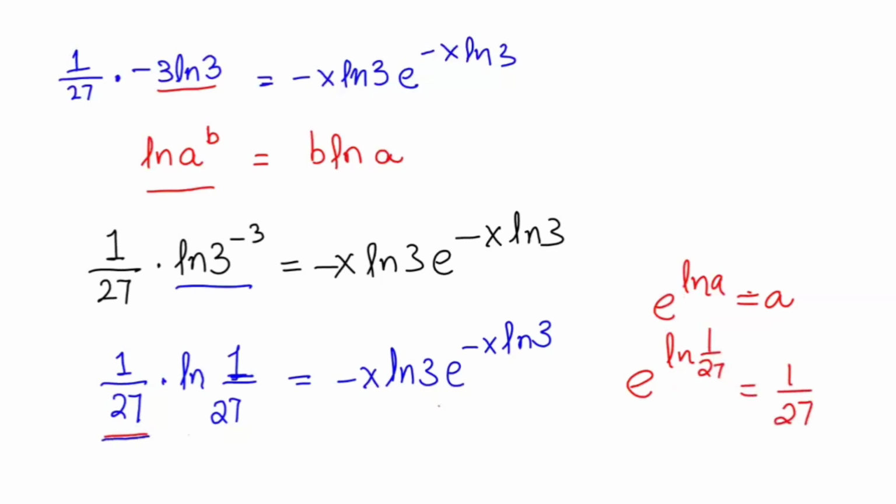In replacement of this, I'm going to write this. So this equation turns to e to the power of ln of 1 over 27 times ln of 1 over 27 is equal to negative x ln of 3 times e to the power of negative x ln of 3.